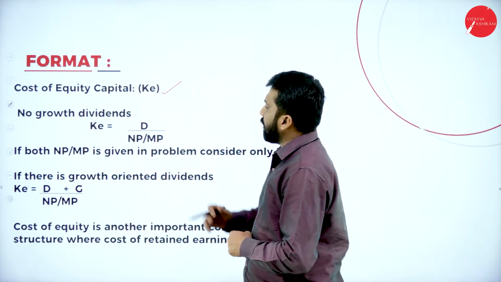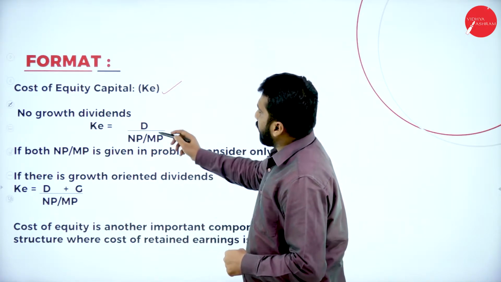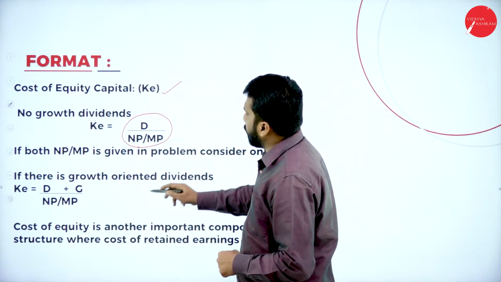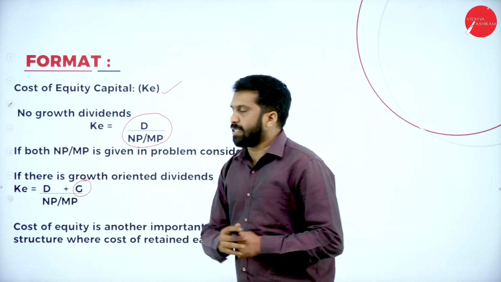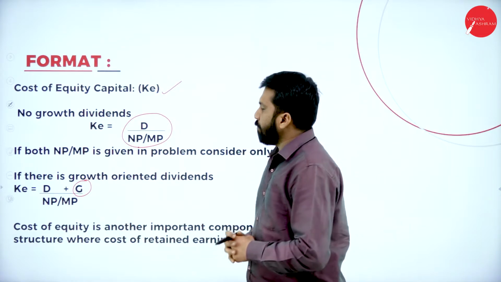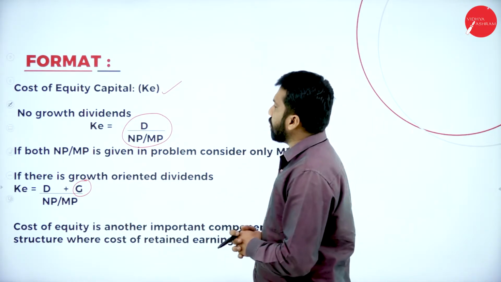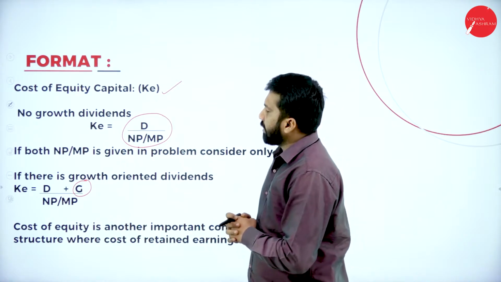One is market price, the other is net proceeds. For the same formula with growth, we add plus growth. Do all the calculation, and whatever answer you got, add the growth percentage. This is all about your equity shares calculation.